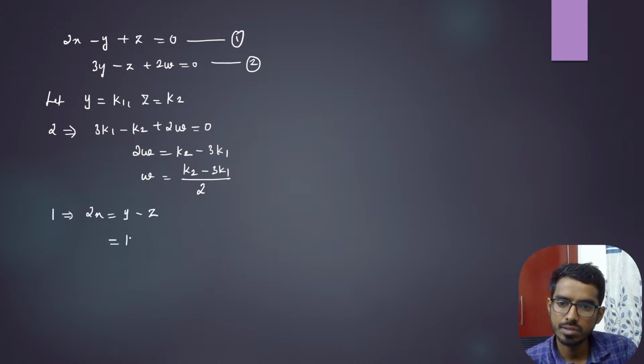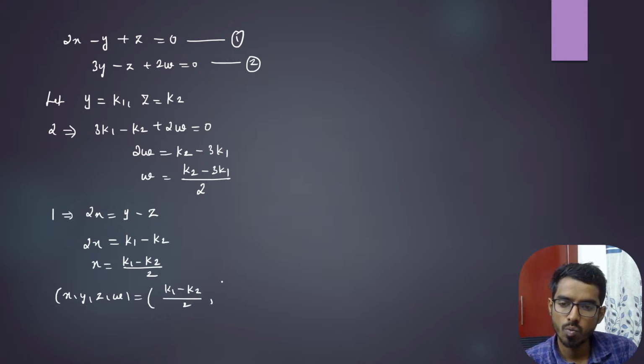So y is k1, z is k2, so x is (k1 minus k2) by 2. So our solution x, y, z, w is (k1 minus k2) by 2, y is k1, z is k2, and w is (k2 minus 3k1) by 2.